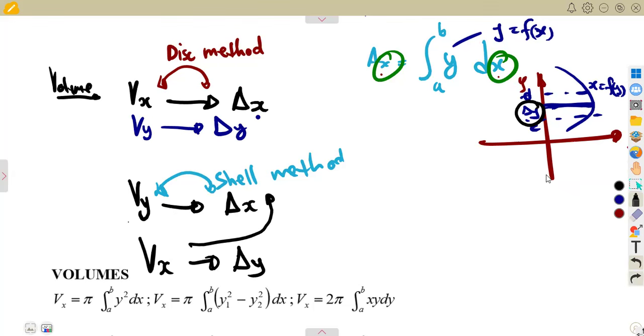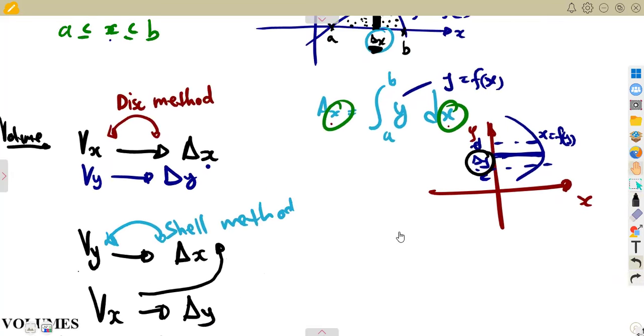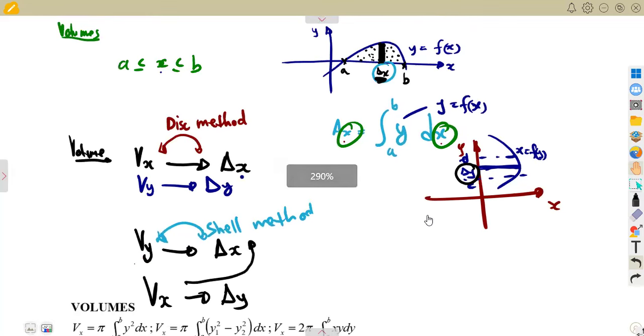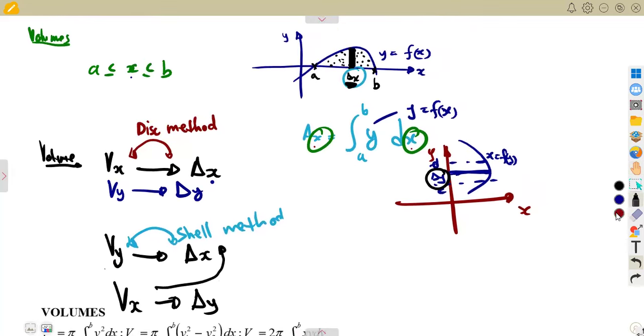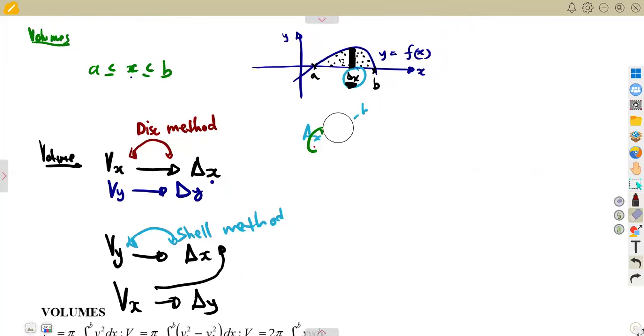So let me explain it this way. You can use the concept that whenever you are to use the disk method, it is on a condition that the representative strip is perpendicular to the axis of rotation.